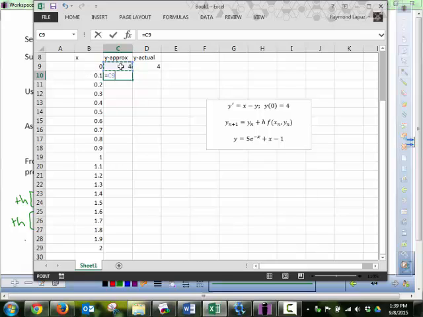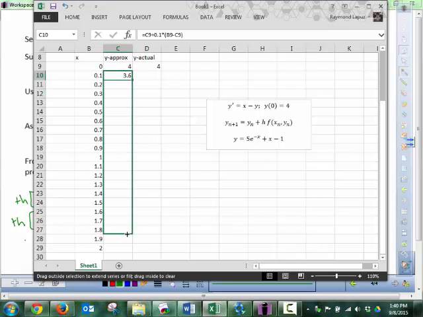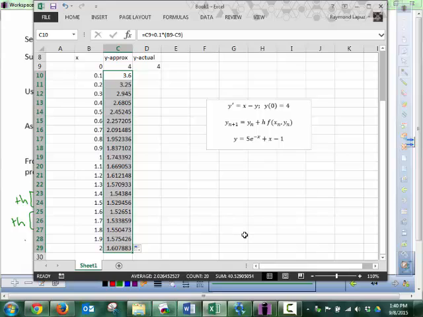So it's going to be the previous y plus the h, which now is 0.1, and then the x minus y. So I'll click on the previous x minus the previous y. And then these are all my values. Let's compare it to the actual.